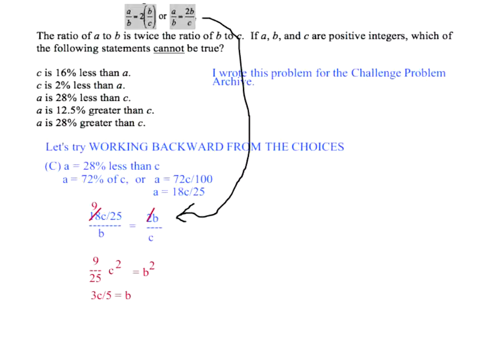But these are all integers. That's the point: you have the ratio of C to B now. You can divide out B to C if you divide both sides by C, and then the ratio of A to B is just twice as much as that.